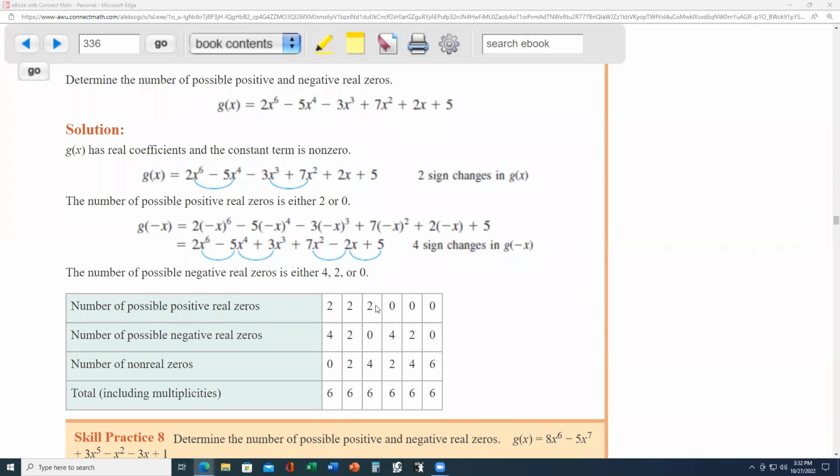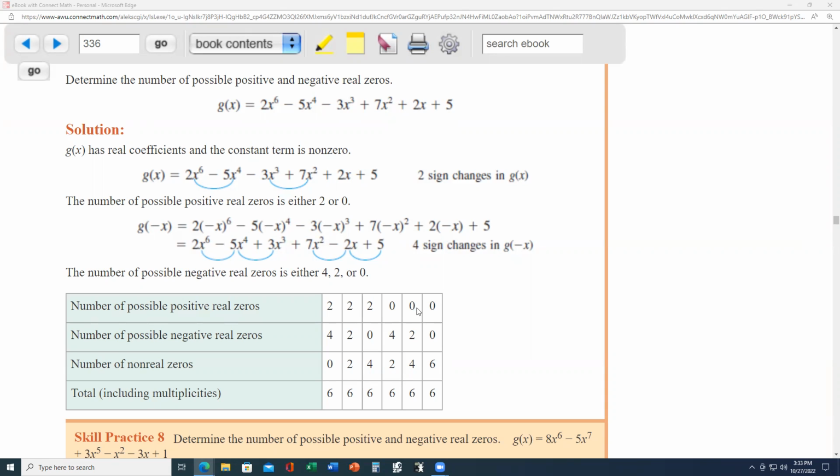Or the 6th-degree polynomial function could have 2 positive real zeros, no negative real zeros, but then it would have to have 4 complex zeros, in which case they would come in 2 pairs of conjugates, for a total of 6 zeros. Or I could have no positive real zeros, 4 negative real zeros, 2 complex zeros for a total of 6 zeros.